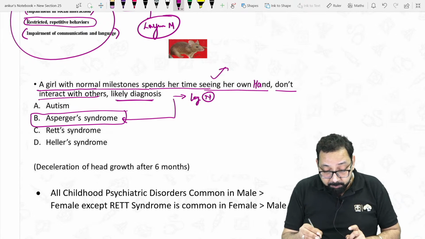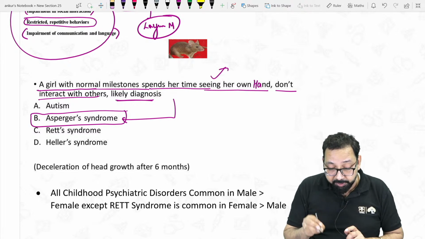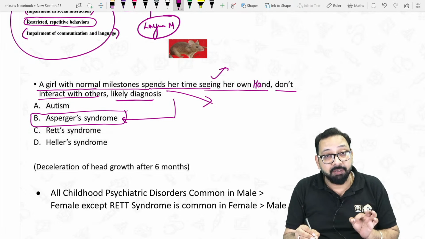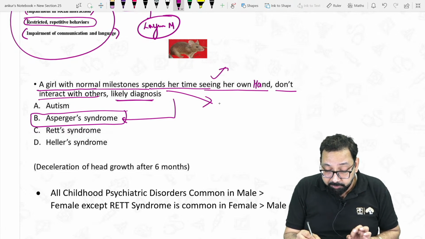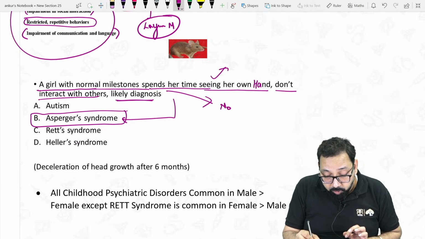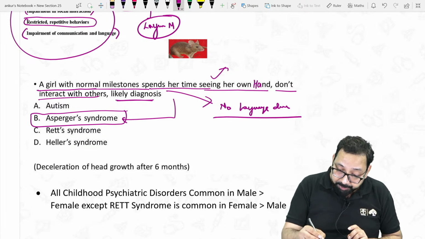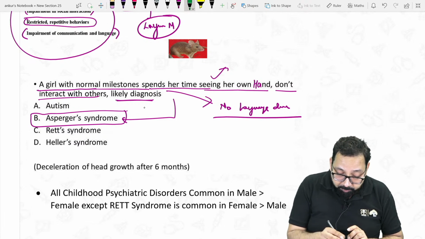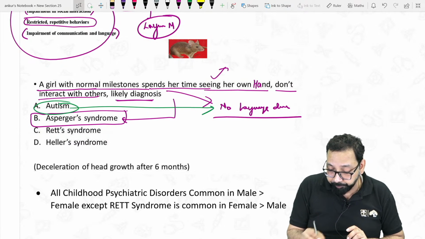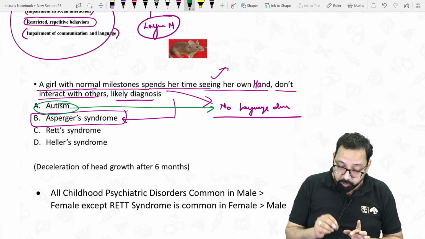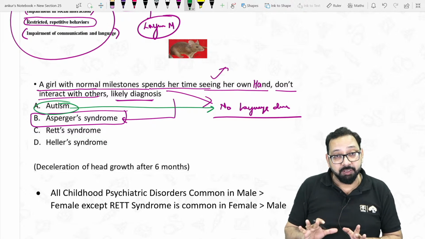But in the same question, they can ask and give no language development. No language development, same question, the answer would become autism. Same question, answer will change.